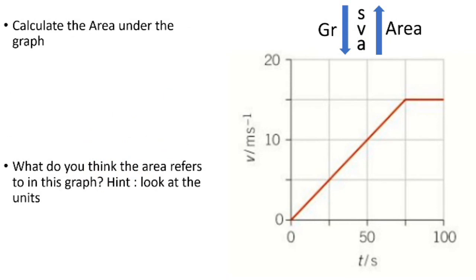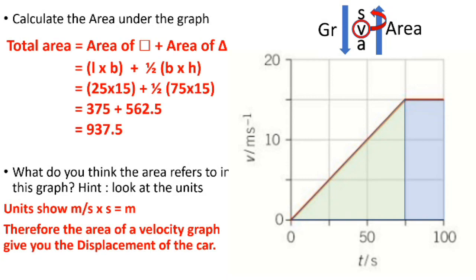Let's look at the same graph, but now from an area perspective. Remember, if we look at the area under a VT graph, that should give me the distance traveled by the object. So what is the area under the complete graph? Well, we've got the triangle part, which is green, and we've got the rectangle part, which is a bluish color.